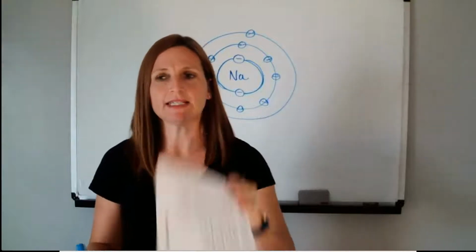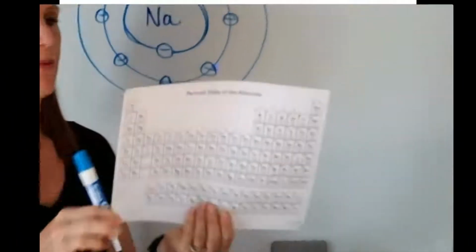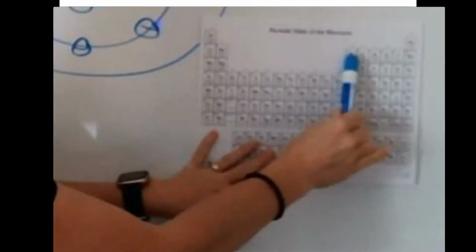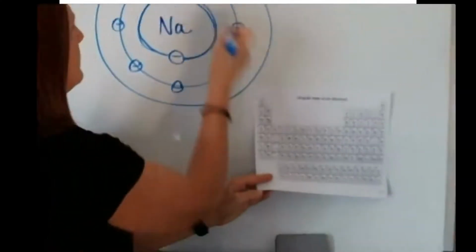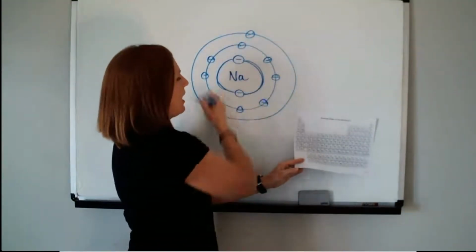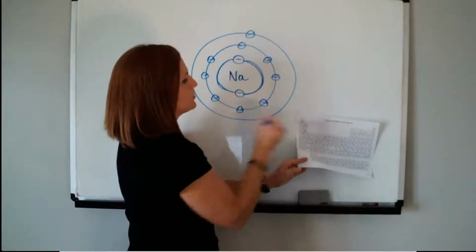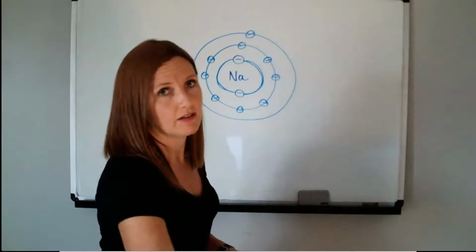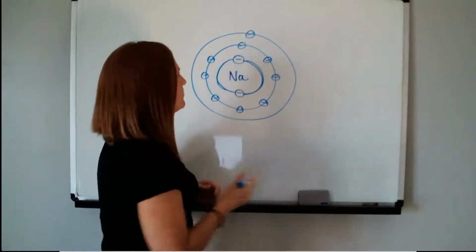And then as we go across the periodic table, lithium, beryllium, boron, carbon, nitrogen, oxygen, fluorine, neon, those are the 8 electrons that are in our next ring. And then finally, in my outermost ring, I have sodium with its 1 more electron to give me a total of 11 electrons.